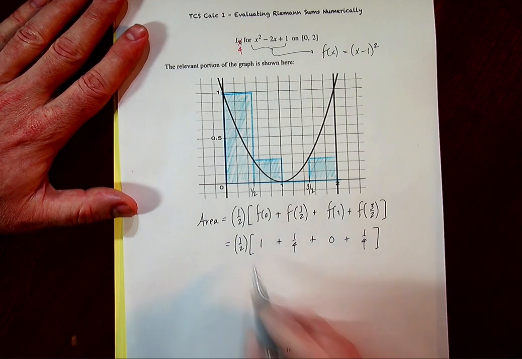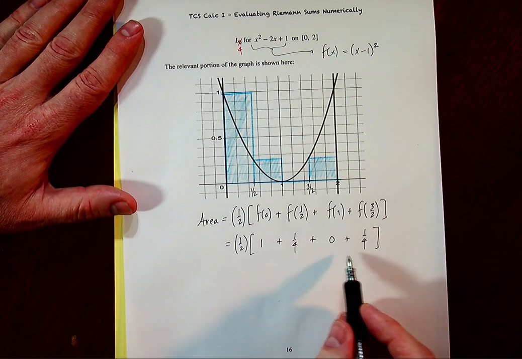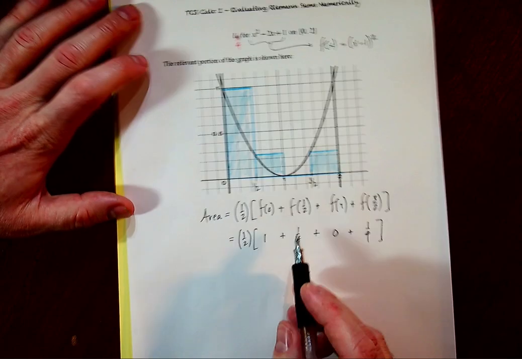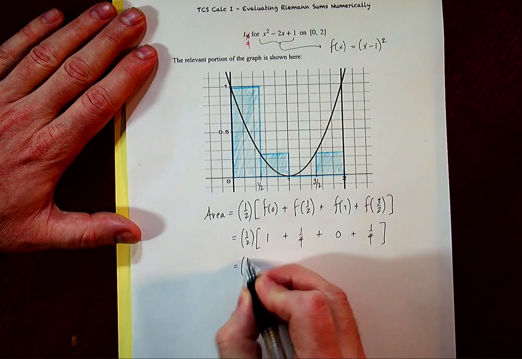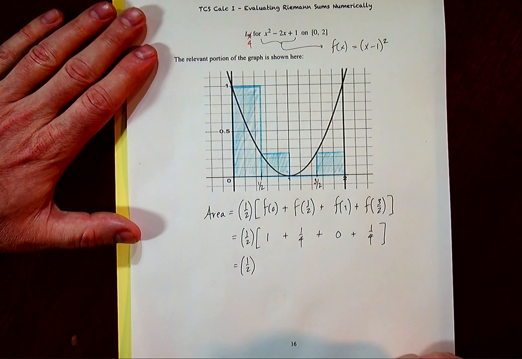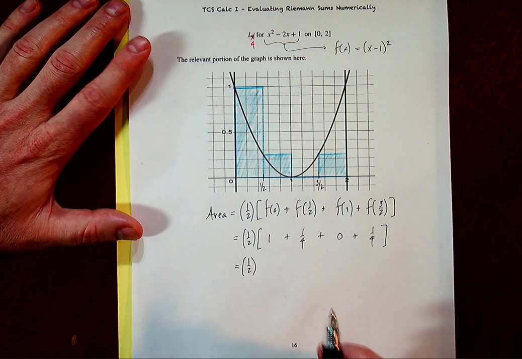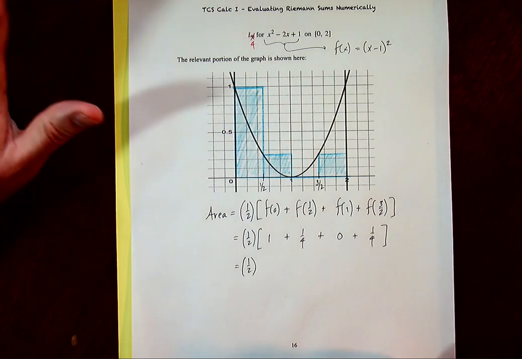And you might even remember those values because they were actually the same values from the right-hand Riemann sum of 4 subintervals from 0 to 2 of the same function. They were just in reverse order, okay? So we should expect that this is another one of those ones that's actually going to have an equivalent area from the left-hand Riemann sum to the right-hand Riemann sum. And of course, it actually rarely happens.